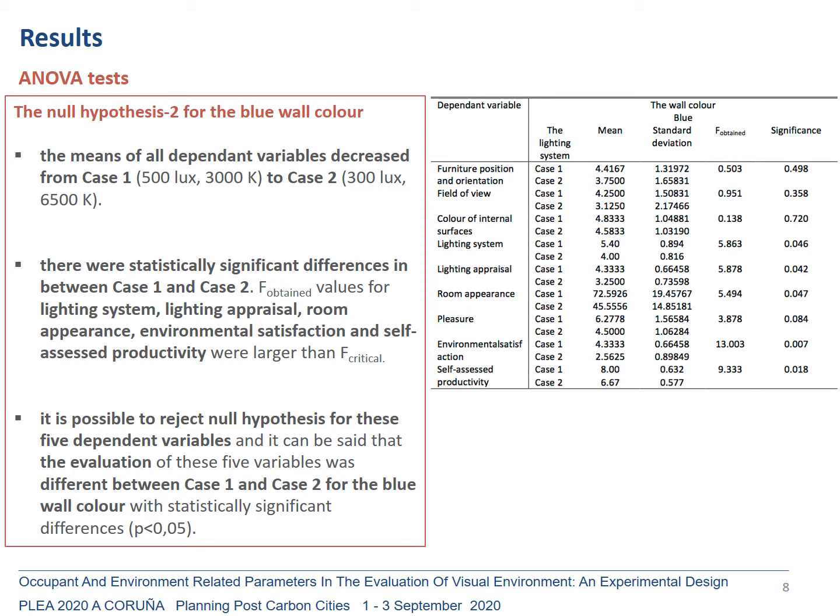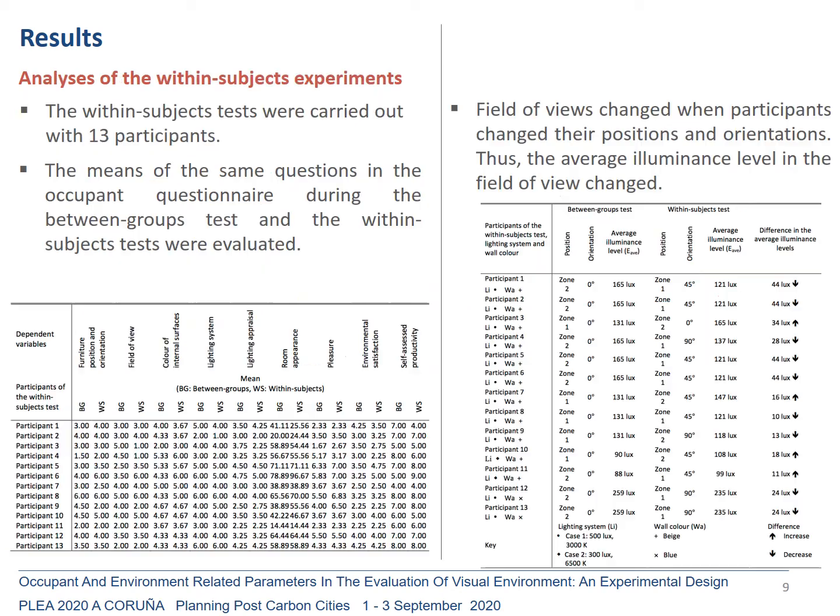And also, there were statistically significant differences between case 1 and case 2 for 5 dependent variables: lighting system, lighting appraisal, room appearance, environmental satisfaction, and self-assessed productivity. It is possible to reject this null hypothesis for these 5 variables, and it can be said that the evaluation of these 5 variables was different between case 1 and case 2 for the blue wall color.